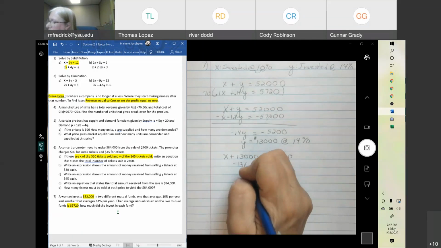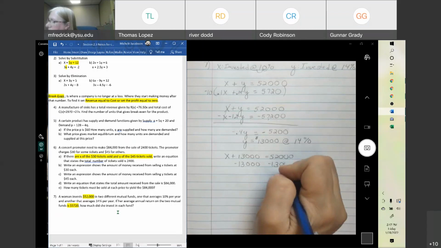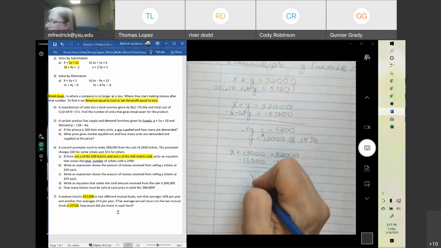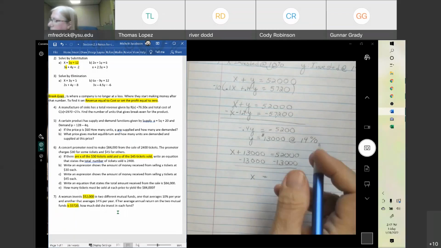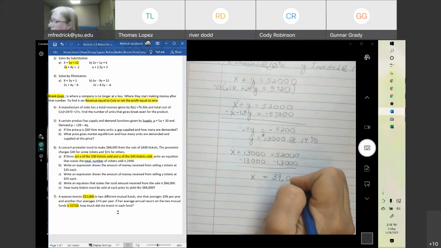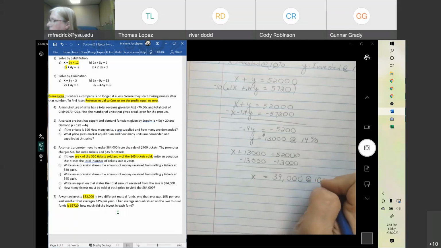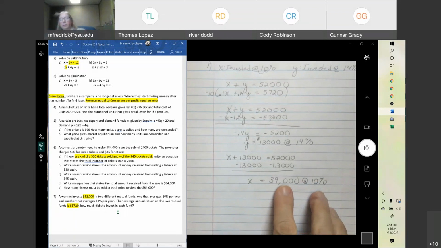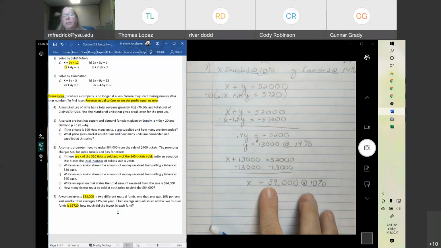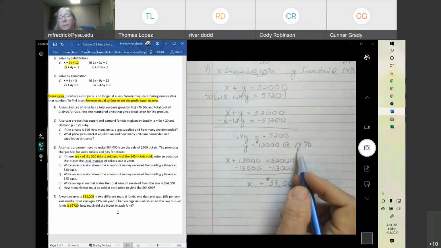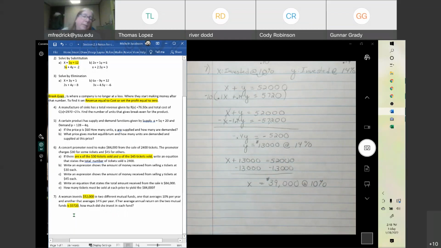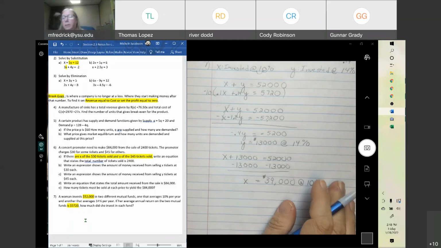Subtract the 13,000. So she would invest $39,000 at 10% and $13,000 at 14%, and she will make $5,720 in a year. Any questions on that?